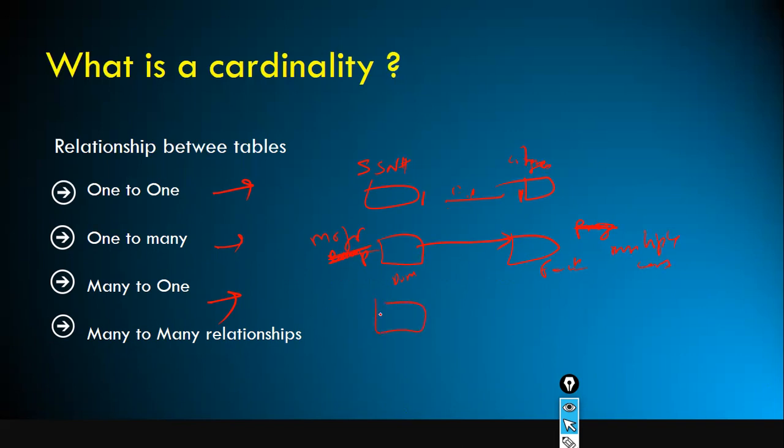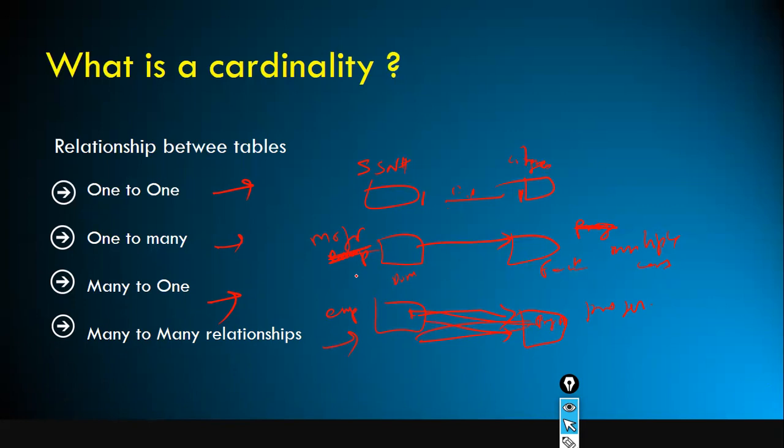Now in the many-to-many case, employees and projects: a single employee is working on more than one project, and each project has multiple employees working on it. Each employee is working on more than one project, and each project has more than one employee. That is your many-to-many relationship.